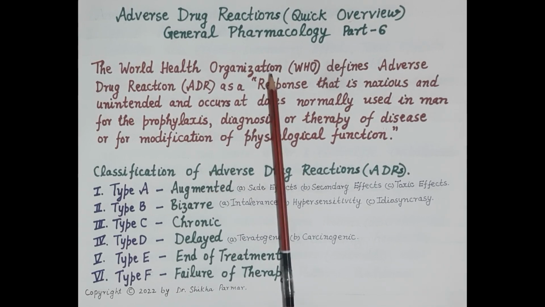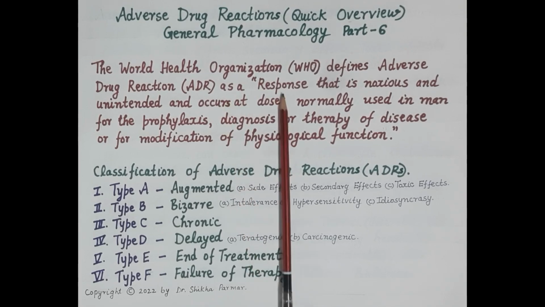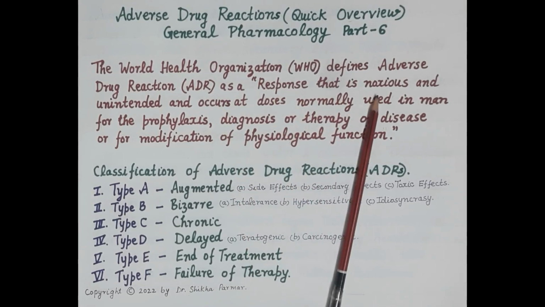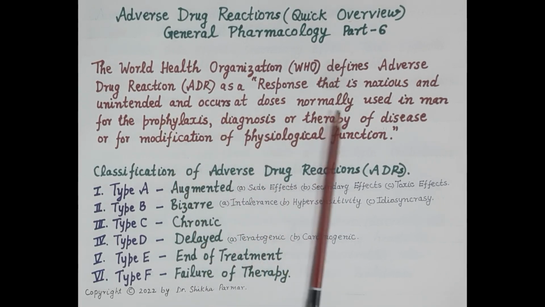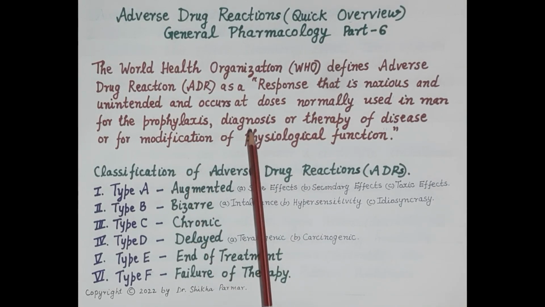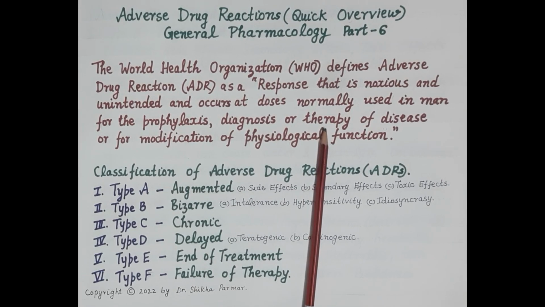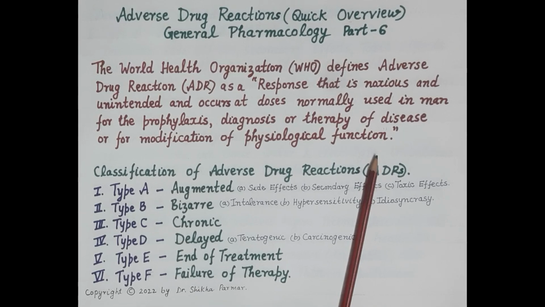So the World Health Organization, or WHO, defines adverse drug reaction as a response that is noxious, that is harmful, and unintended and occurs at the doses normally used in men for prophylaxis, that is prevention, diagnosis or therapy of a disease or for the modification of physiological function. So all harmful and undesired effects of a drug produced at the therapeutic doses are termed as adverse drug reactions.